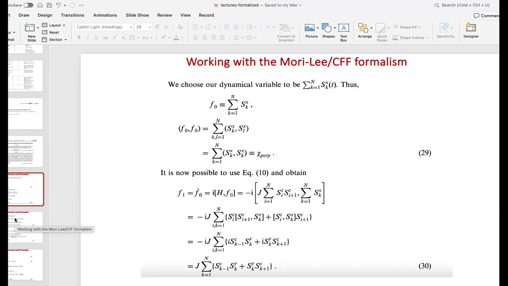That is called the XY model. Only the X spins and the Y spins interact, not the Z spins. So at T equal to 0, this problem has been solved. That doesn't mean at higher temperatures it can be solved easily. It's not. Anyway, the point I'm trying to make is perpendicular susceptibility is hard to calculate.